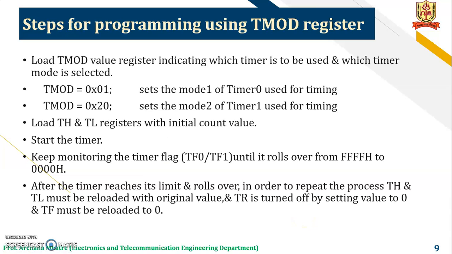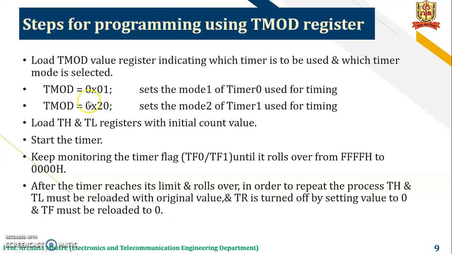Now these are the steps for programming using the TMOD register. First, load the TMOD value, that is the timer mode register value, indicating which timer is to be used and which timer mode is selected.